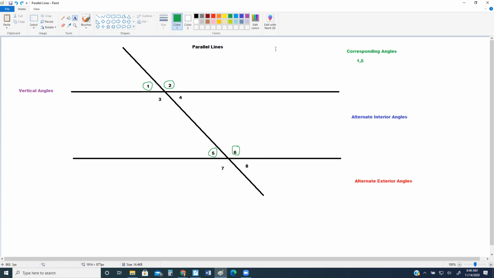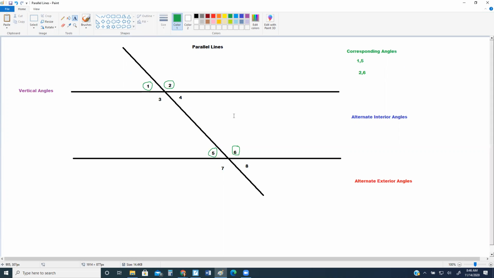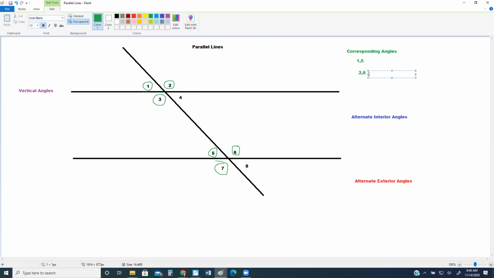So I'm going to write another little thing over here. 2 and 6 are corresponding. Another set of corresponding angles is 3 and 7. 3 and 7 are corresponding angles. And then the final set of corresponding angles are 4 and 8.